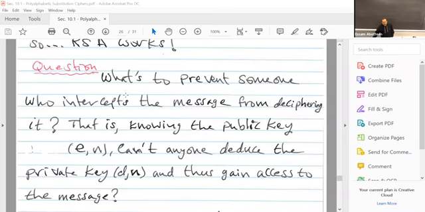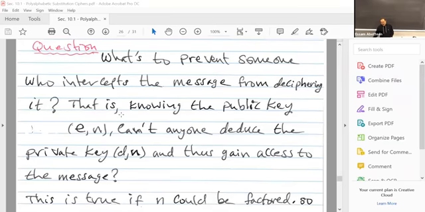So now we're going to see that the key here is either being able to factor a large integer, or if someone somehow can obtain phi of N from E and N. It turns out it's actually the same thing; it's going to be as hard as factoring.